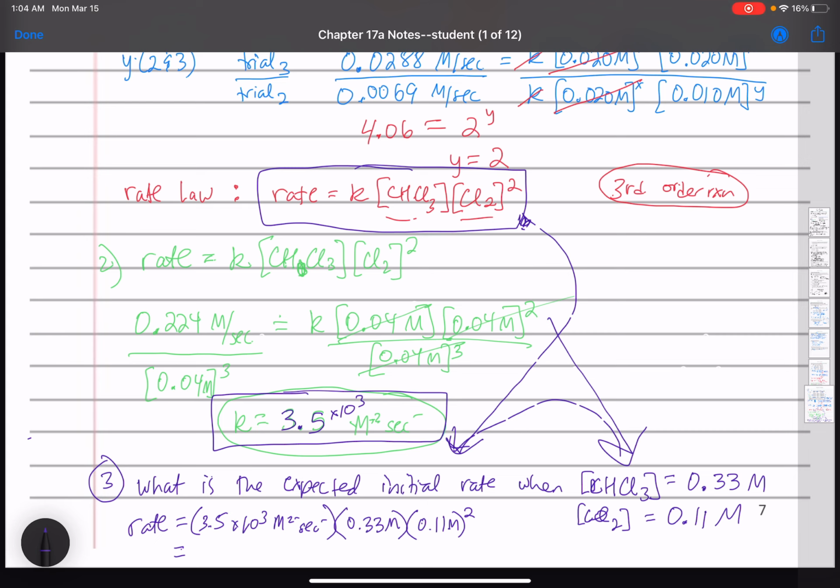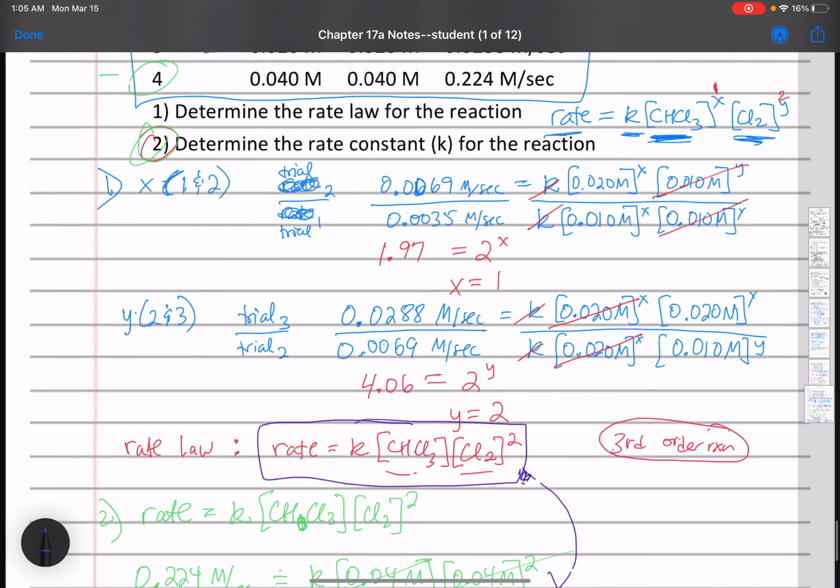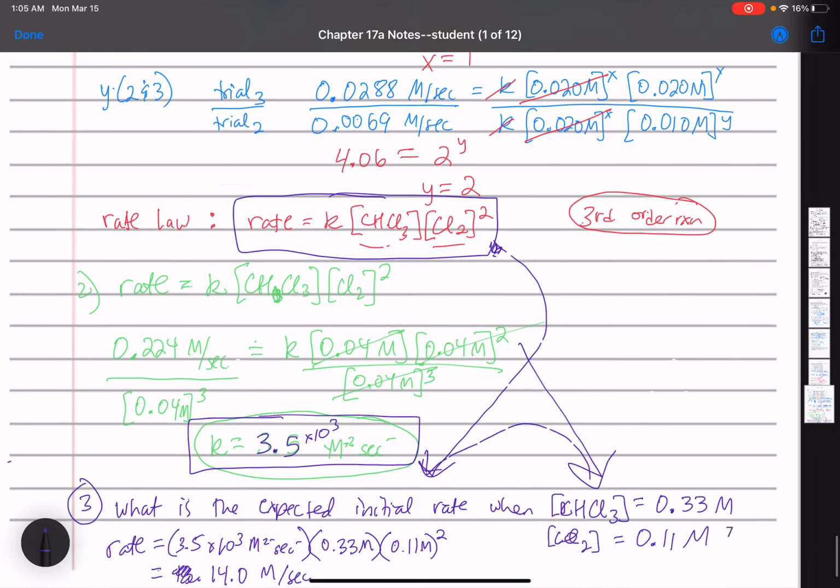3.5 times 10 to the third times 0.33 times 0.11 times 0.11. And we would expect it to be a rate of 13.97, which is basically going to round to 14.0 molarity per second, which is quite a bit higher than the rates up here because our concentration was quite a bit higher.